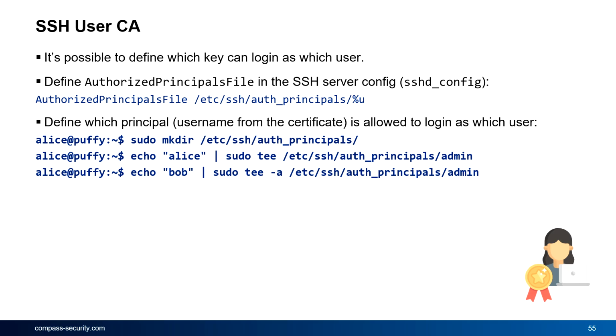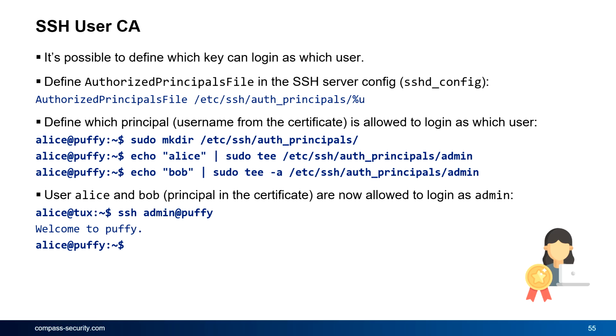So in this directory of principals, for every user that exists on the system for which you want to allow a login, you create a new file. For example, if you want to allow Alice and Bob to log in as the admin user, you create a new file admin and you write the usernames Alice and Bob into this file, and whenever a certificate containing Alice or Bob as a username is used, this certificate is accepted to log in as admin.